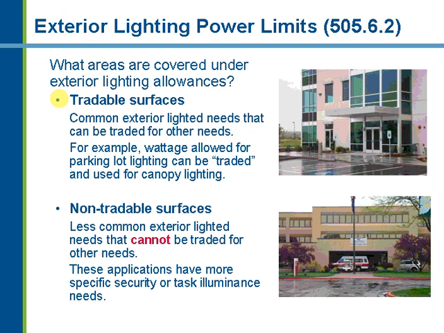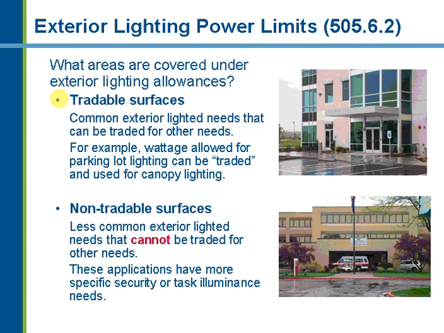And this includes the common exterior lighting surfaces, and that would include things like parking lots, for example. And in this case, just to give you an idea what the trading is like, if you have a certain wattage allowed for parking lot lighting, but you don't use all of it, you can then use some of that that's left over for, say, canopy lighting or something else where you're underrepresented in wattage.